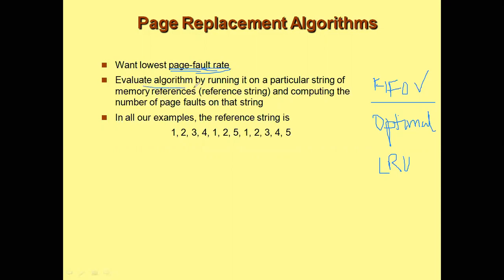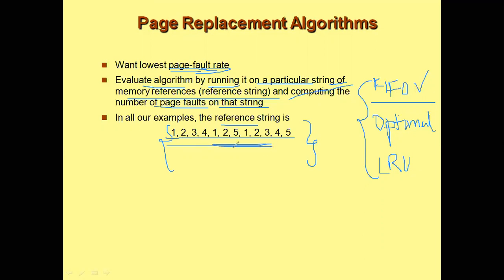So we have to evaluate an algorithm by running it on a particular reference string. You will be given a reference string and you will have to run these algorithms on the reference string that is given to you, and you have to compute the number of page faults on that particular string. Here there is a reference string given. So this is how a reference string will be given to you. These 1, 2, 3, 4 are all page numbers.